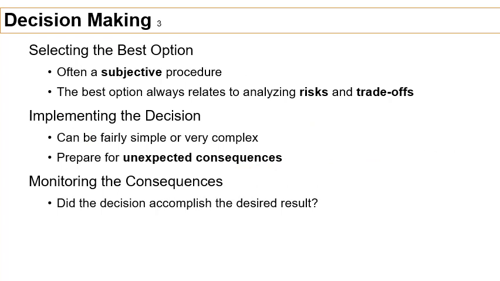Next, after we have analyzed the different options, what we need to do is come up with what is the best of the different options that we have developed, right? And this could be based on concrete metrics, but at the end of the day, oftentimes it tends to be somewhat subjective. The reason is that oftentimes you're going to have to do a trade-off of the risks and potential rewards that are going to come from each of the different options that you are considering.